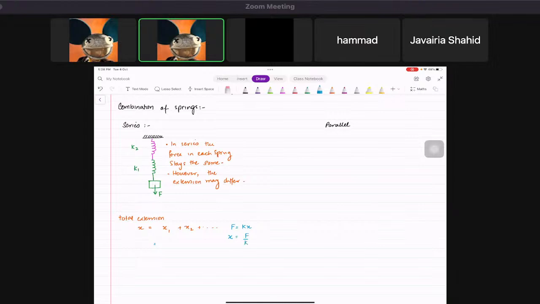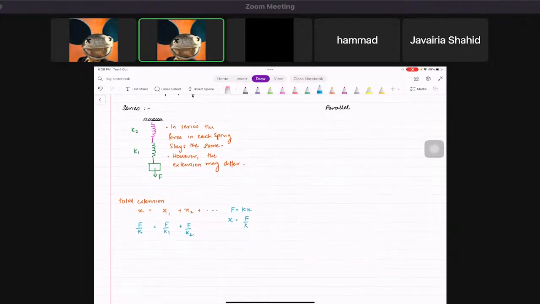So this will be F over k, this will be F upon k1, F upon k2, because force is the same, right? So F is the common thing, you can cancel it out. Ultimately, you're gonna get something like 1 upon k is equal to 1 upon k1 plus 1 upon k2, and so on, right?